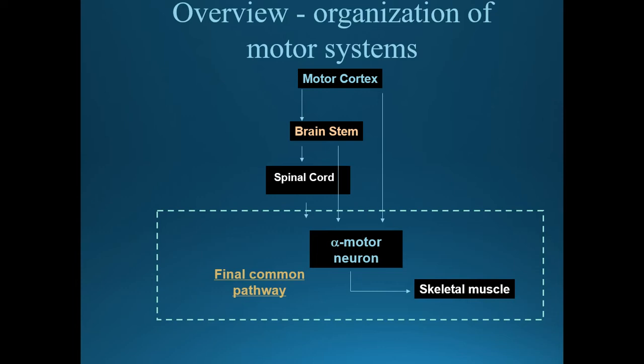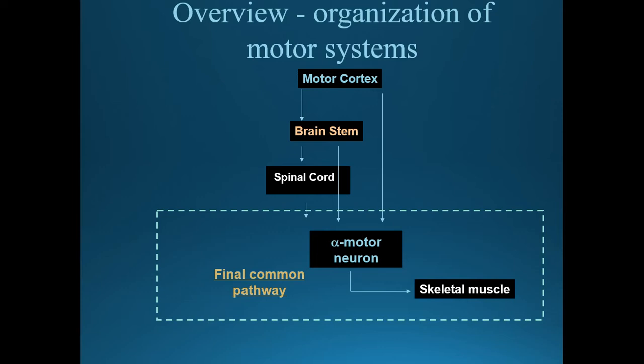In all, the alpha motor neuron is directly connected to the skeletal muscles. Okay? Directly or indirectly, the neuron from the motor cortex is connected to the alpha motor neuron.